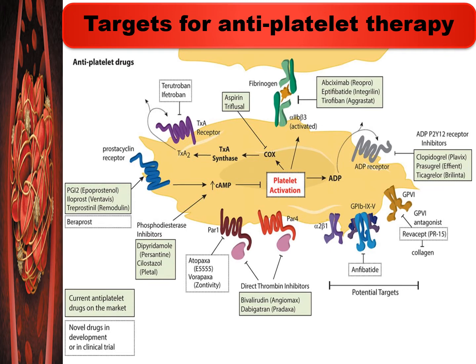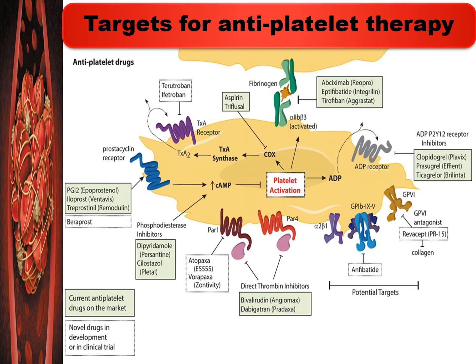These antiplatelet drugs inhibit the platelet activation, aggregation and platelet adherence. For example, see at the center of this diagram in the red, the platelet activation is shown. This platelet activation is responsible for the formation of cyclooxygenase. This cyclooxygenase is directly inhibited with the use of cyclooxygenase inhibitors like aspirin.